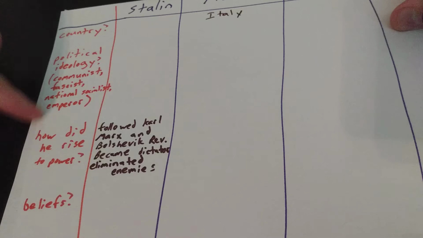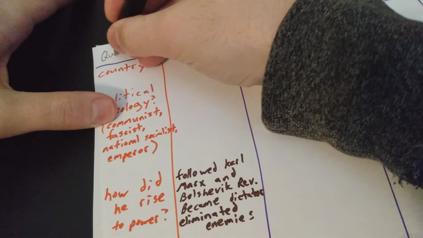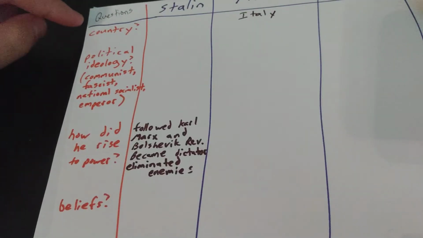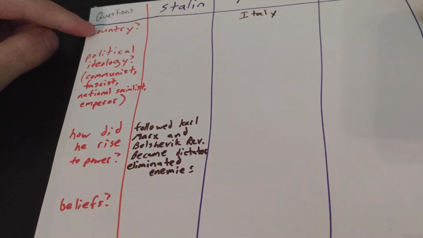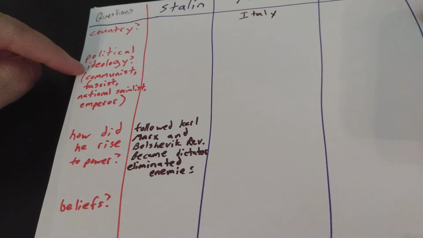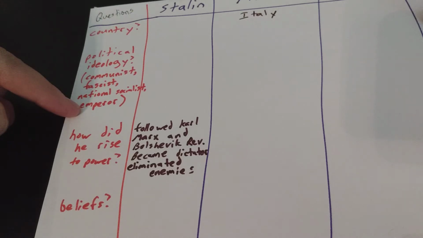But in this chart right here, this is your questions chart, and I want you to write these questions in this column. You're going to write country. Political ideology. Is the leader a communist, a fascist, a national socialist, or an emperor?